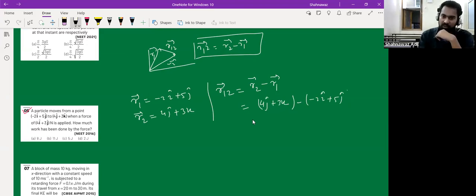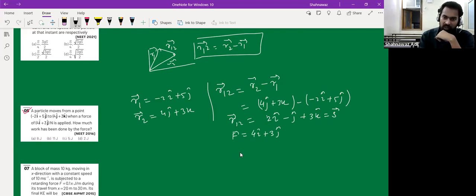Right, so this is minus 3k and this is 3k. Right, so this is the displacement, which is S. And Marita has found C to be the answer. Okay, and what is the force? So force is 4I plus 3j.